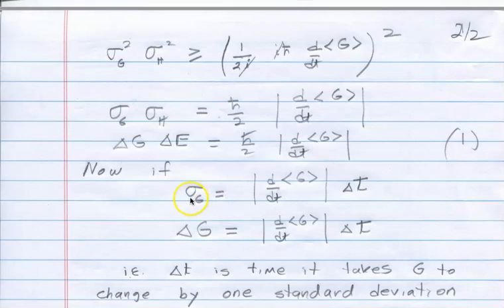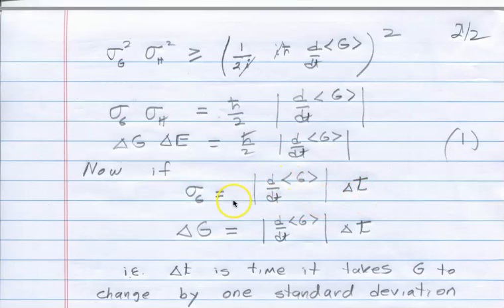Now you can do an approximation here for sigma G, the uncertainty in it. It's just the time derivative of this thing times delta t. If this quantity G depends on time, then certainly I can take its time derivative, and I know from the propagation of error formula that the error in G, if G depends on a parameter t, is just dG/dt times the error in t.